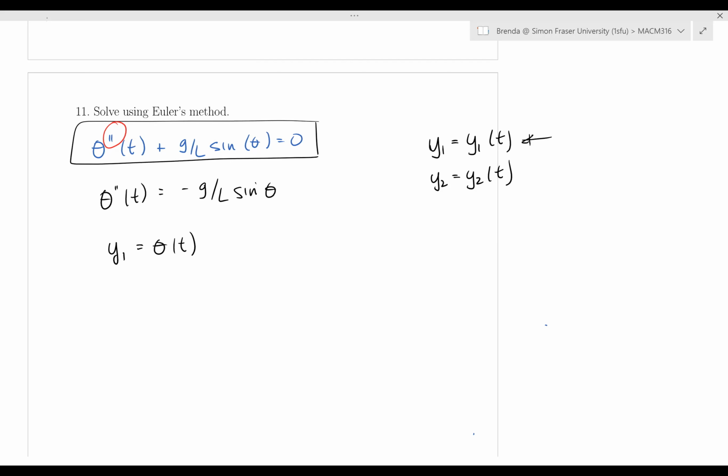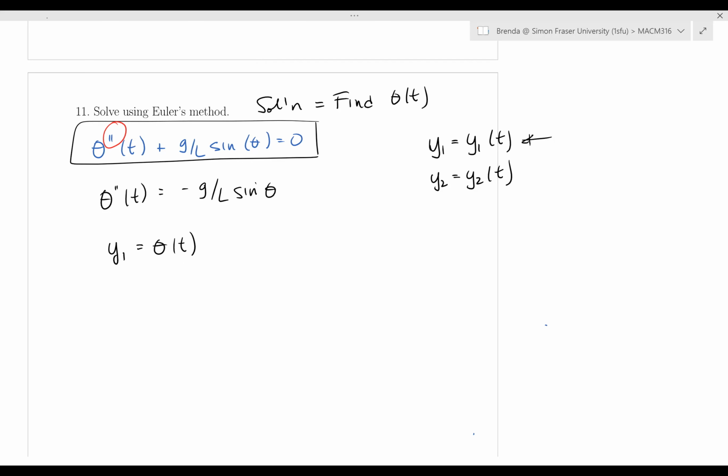It means to find theta of t. The solution is to find theta of t. We have a function, we're saying that function is theta of t, and we know something about its second derivative, and we want to find out what the function actually is. So y1, we're going to associate with the solution, theta of t.